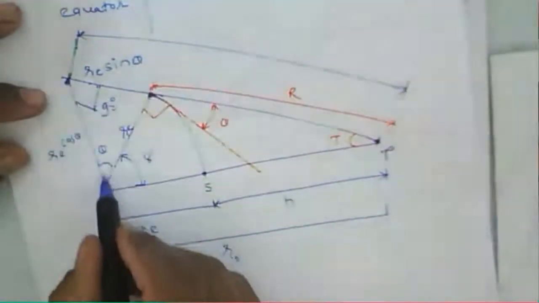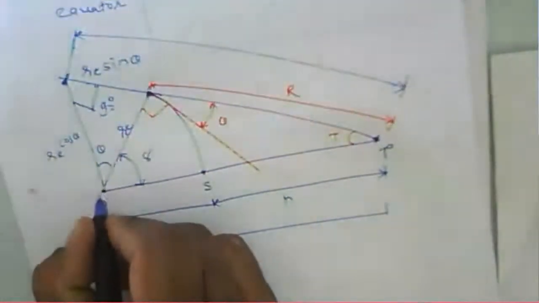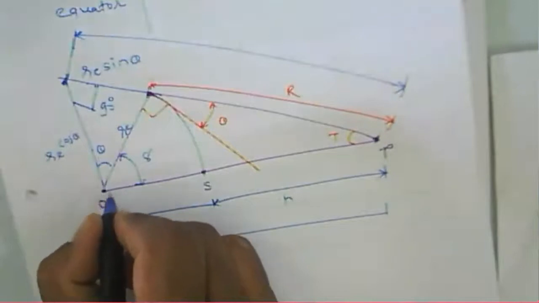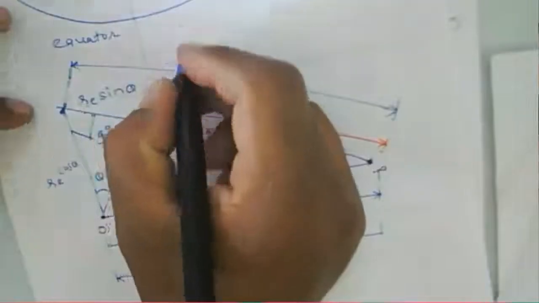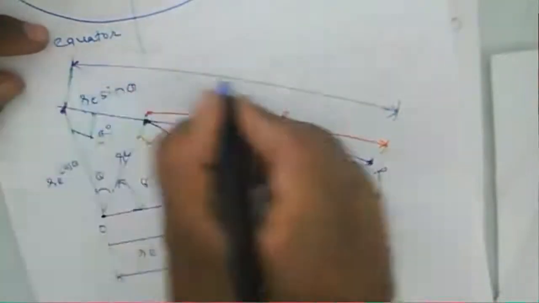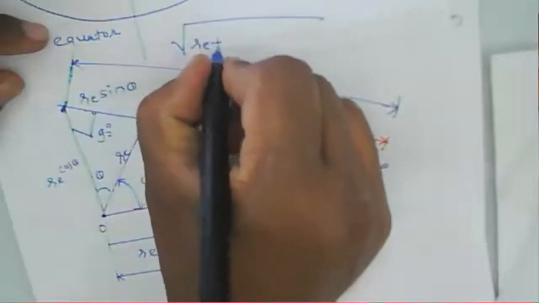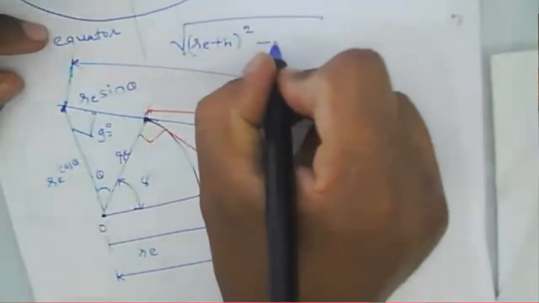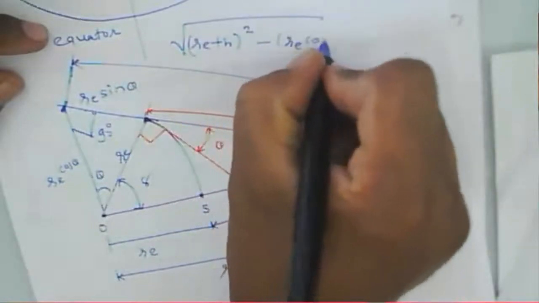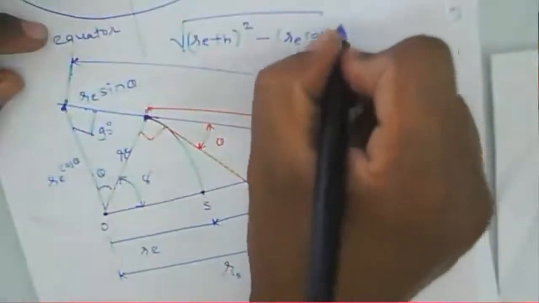This angle makes 90 degrees here. In that case, this particular distance is the square root of (RE plus H) squared minus (RE cos theta). Okay, this one we will make here.